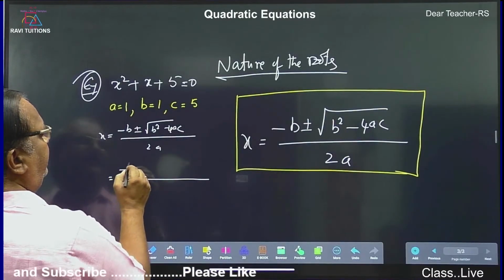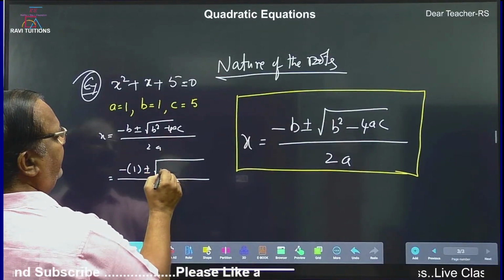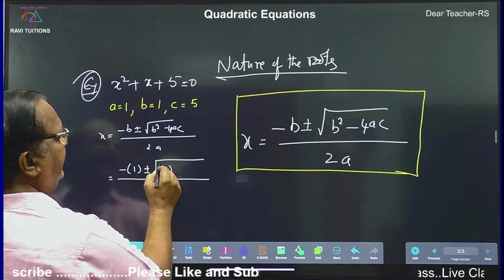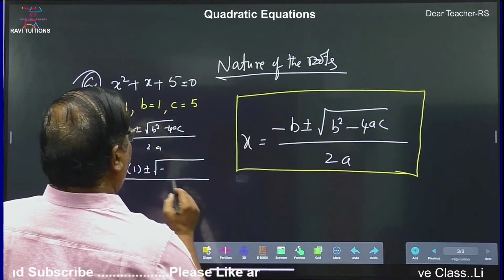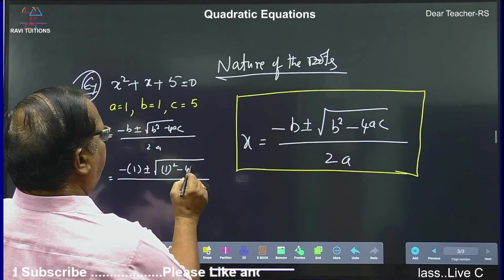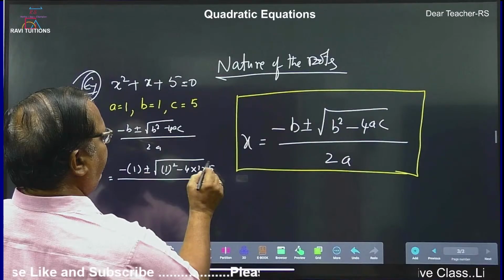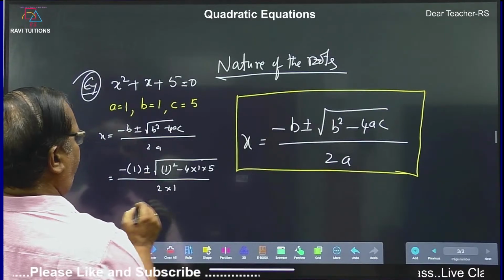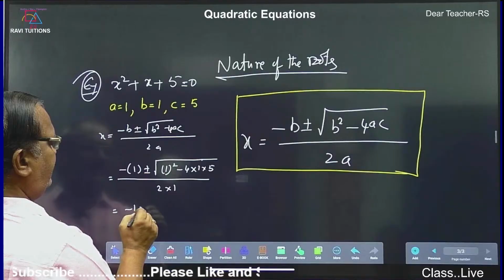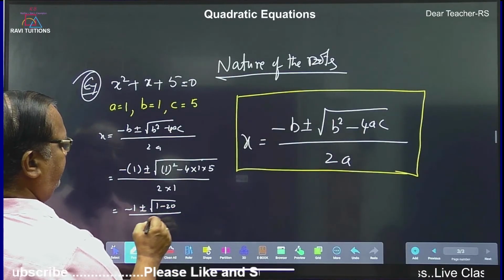Minus b, b is 1, plus or minus, 1² only, b is only 1, 1² minus 4 into 1 into 5 by 2 into 1. So minus 1 plus or minus square root of 1 minus 20, by 2.